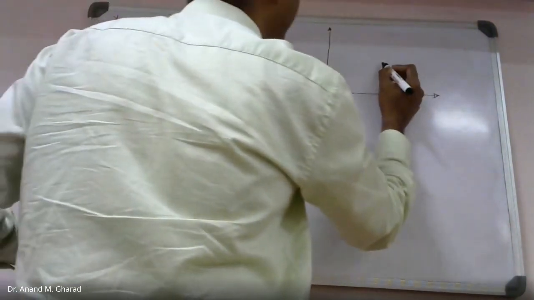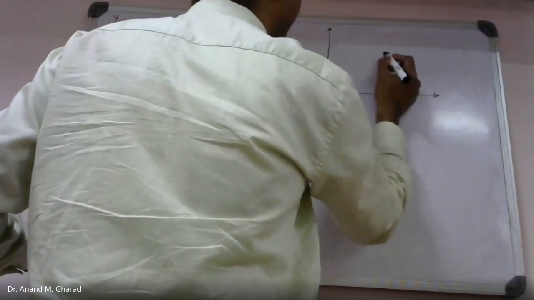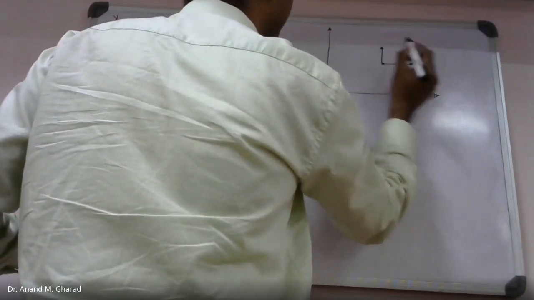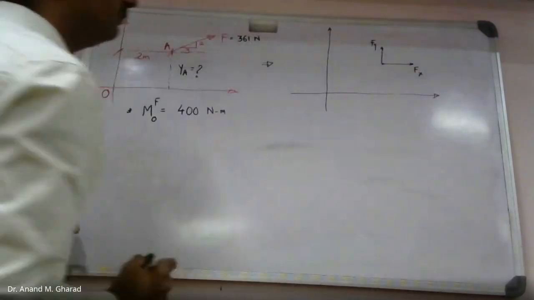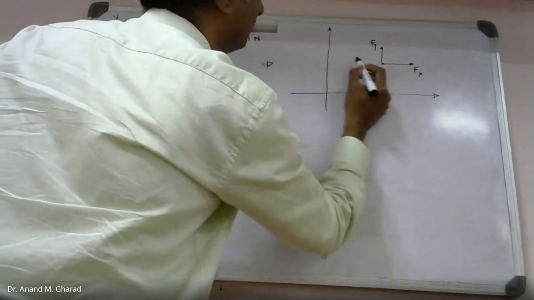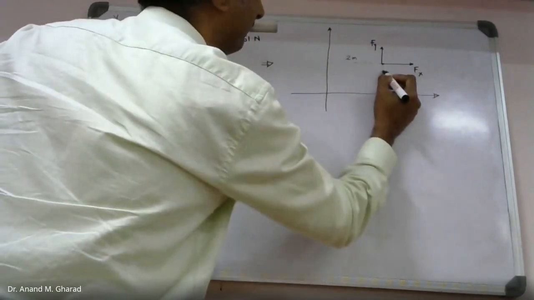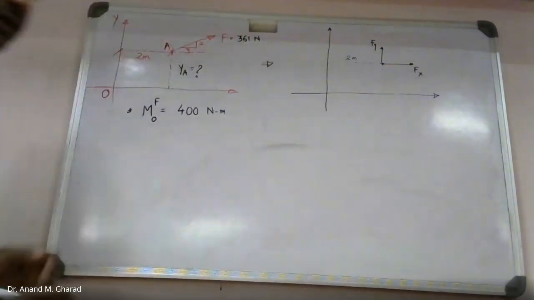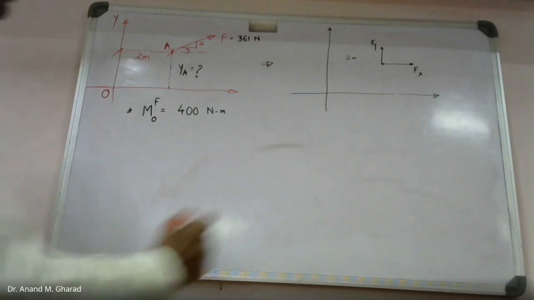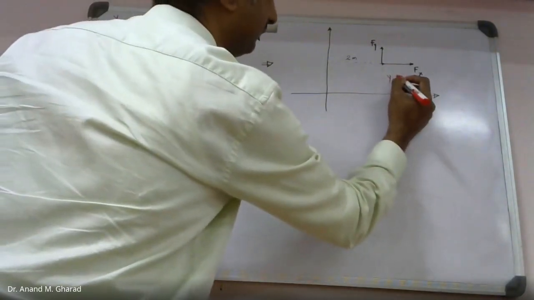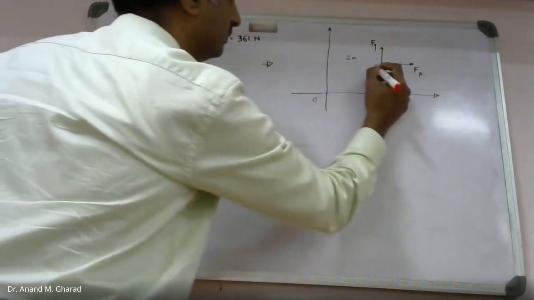I will be drawing the equivalence of this. Do you agree? Is this okay? It is one and the same thing, correct? Okay. So this is point O, this is point A.